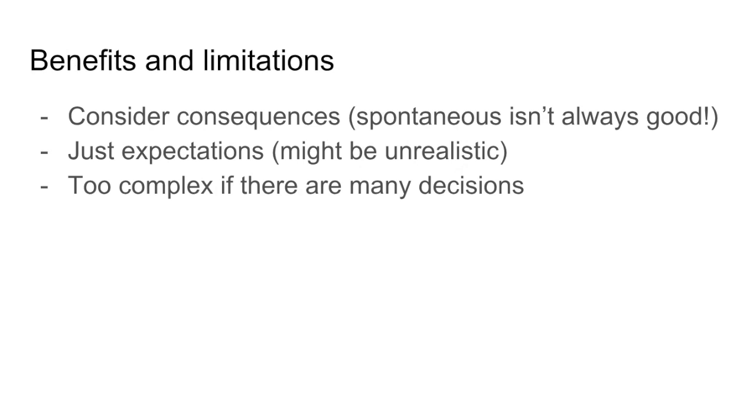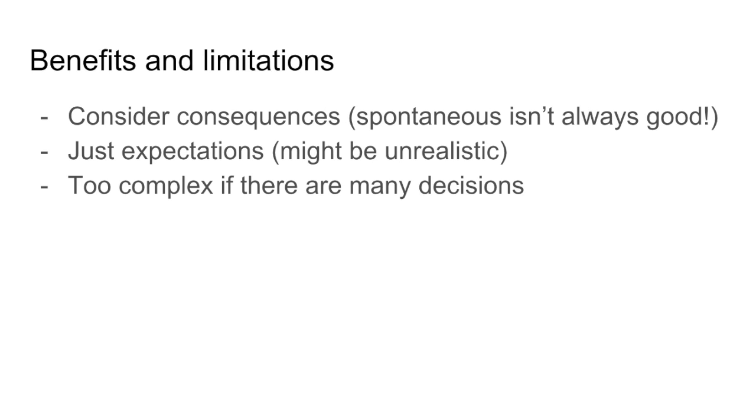The benefit of creating a decision tree is that it forces you to consider as many possible outcomes of a decision as you can think of. It can sometimes be very dangerous to make a spontaneous decision without considering the range of the consequences, and a decision tree can help you weigh the likely consequences of one against another.